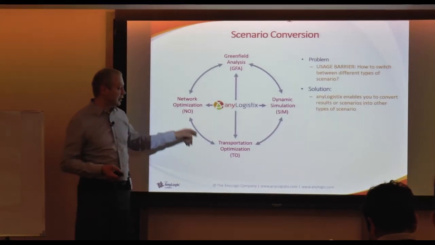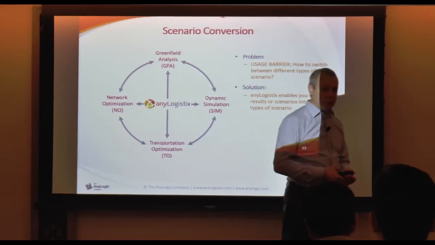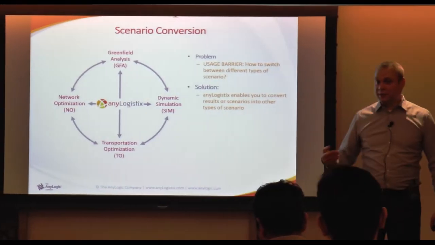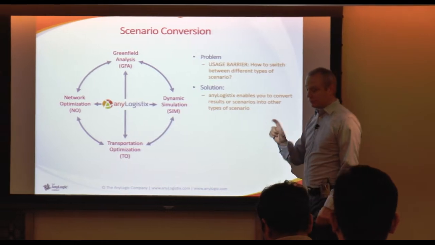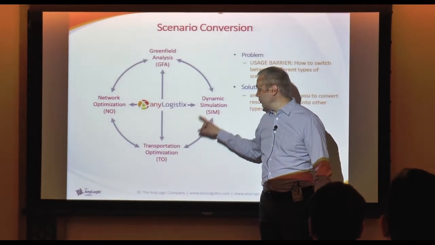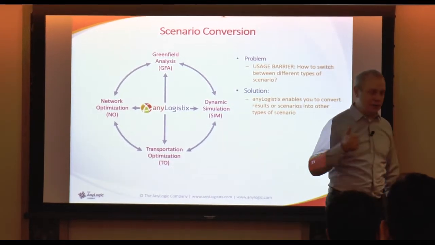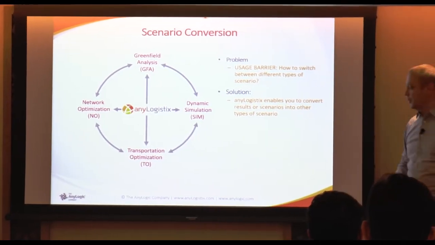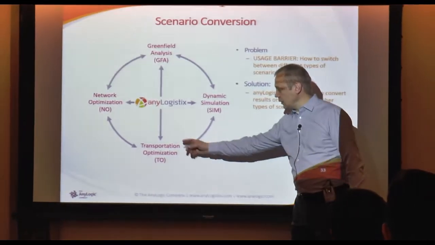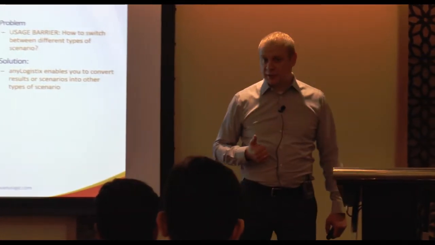You may convert any scenario to any other type of scenario. For example, if you do a dynamic simulation and at some point you want to do transportation optimization, you may convert the dynamic simulation to transportation optimization, find the routes you want to use, and then convert them back to the dynamic simulation model. That's how it works, and we think that's a pretty cool feature.